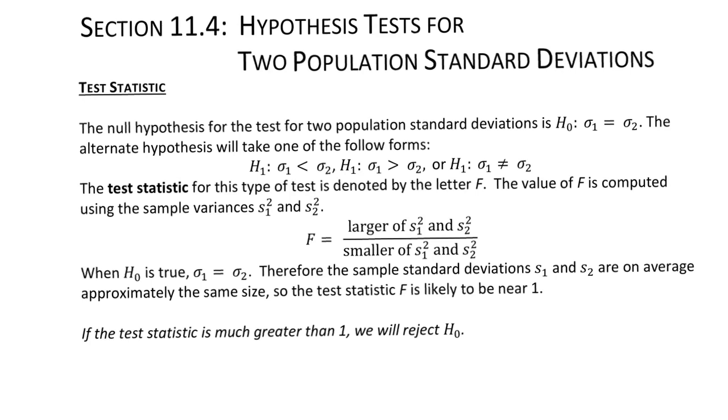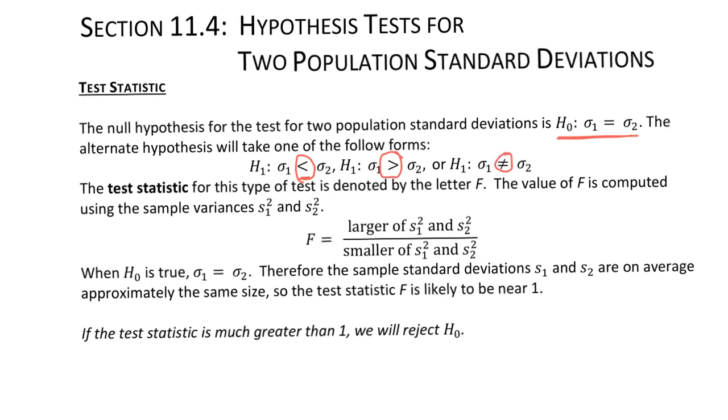When H0 is true, sigma 1 equals sigma 2. So the null hypothesis is sigma 1 equals sigma 2, and the alternate hypothesis can be sigma 1 less than sigma 2, greater than, or not equal.